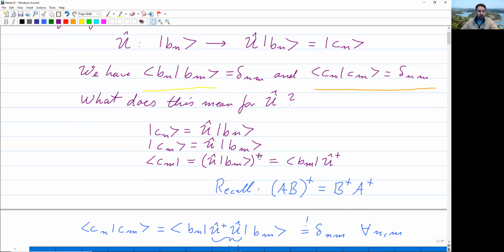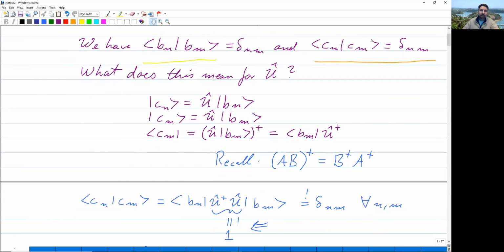What is it when we work it out? Well, it is the Bm vector as a bra vector now, and then the U hat becomes U hat dagger. How do we see that? Well, remember, under Hermitian conjugation, for any A and B, whether matrices, linear maps, or vectors, the dagger of the product of both of them is B dagger A dagger. So that's true not just for n by n matrices or infinite by infinite matrices, but also if one of them is a vector, as we have the case here.